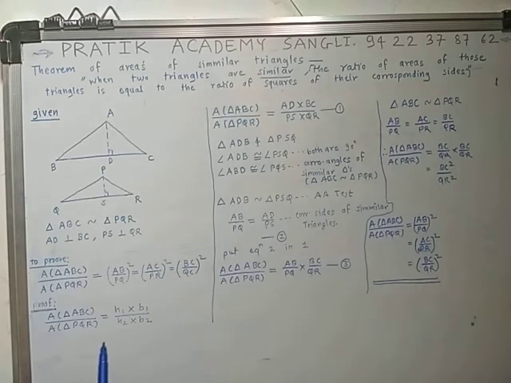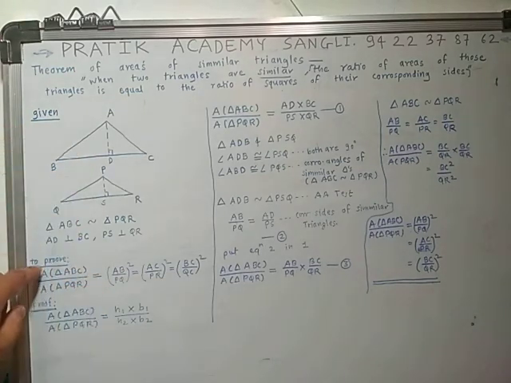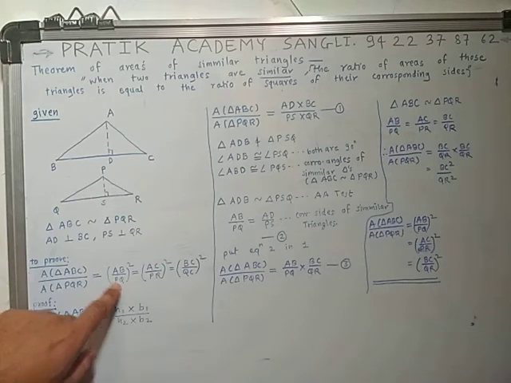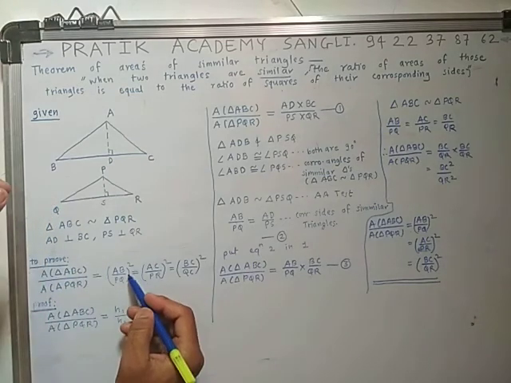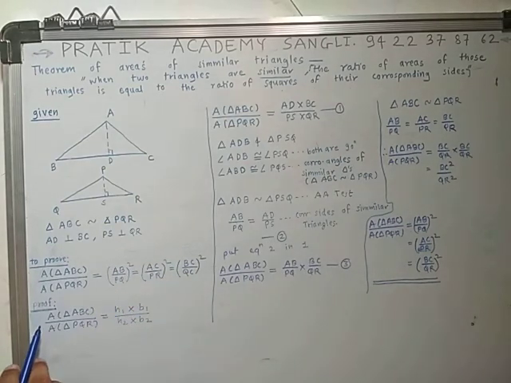Okay, so let's revise in short. The given theorem is that when two triangles are similar, then the ratio of their areas is equal to the ratio of squares of corresponding sides. For that purpose, first we use the property that the ratio of areas of two triangles is equal to the ratio of the product of height into base.